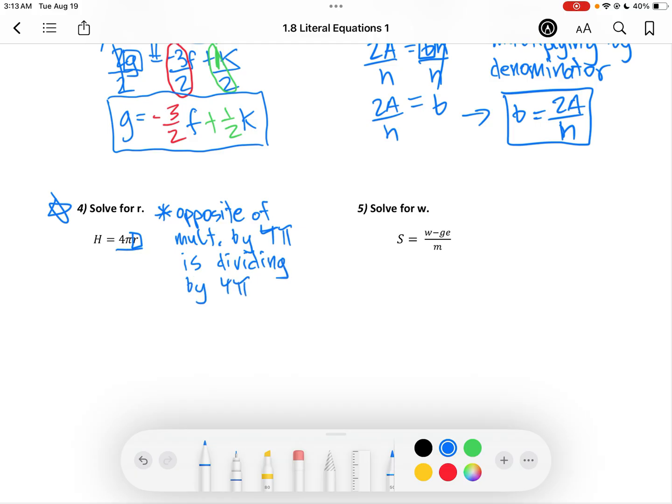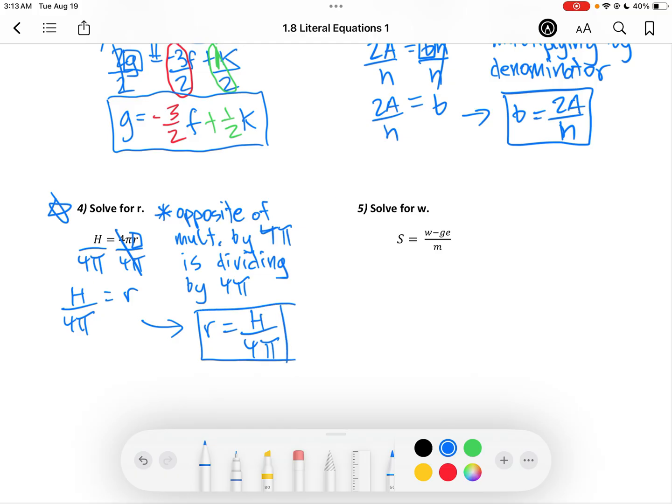So I'm going to divide everything by 4 pi on the right, and what I do to one side, I got to do to the other on the left. So that leaves me with just the letter R. So I really just only did it in one step. So it gets you H over 4 pi. And because, again, I'm particular about this, I'm going to put the R in front, and I got H over 4 pi in the back.